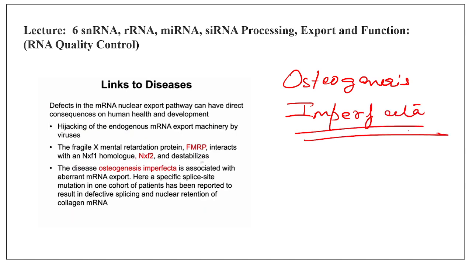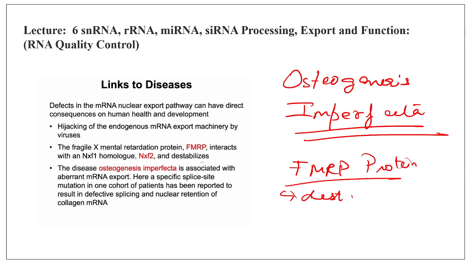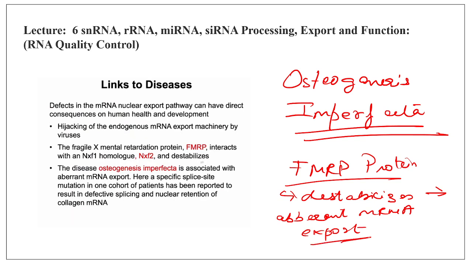This disease happens when there is some destabilization of the FMRP protein, and then aberrant mRNA export happens, which leads to osteogenesis imperfecta.